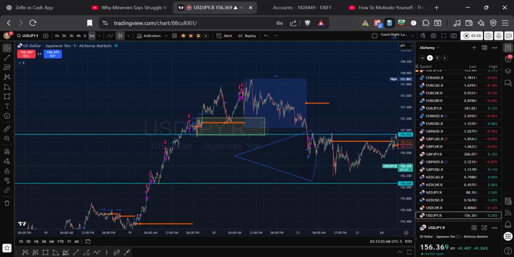So 15 divided by 28 is 0.53, which is where you should start. That's kind of my guide, give or take. So it would be 0.5, and then you lose 30 pips, and it'd be one lot size, right? And hit target.